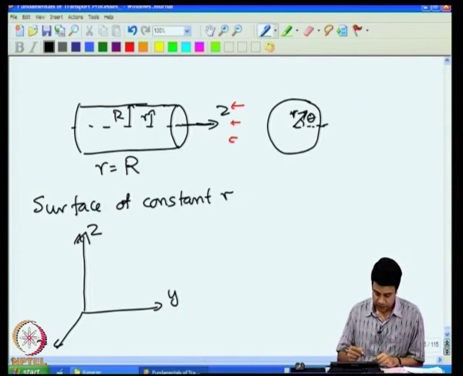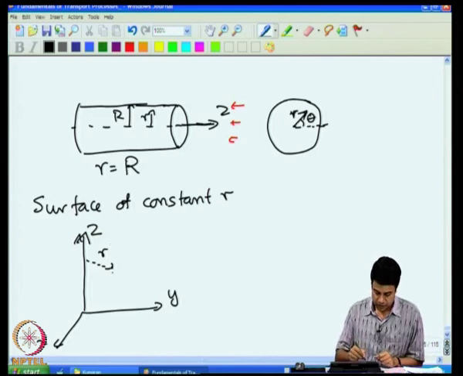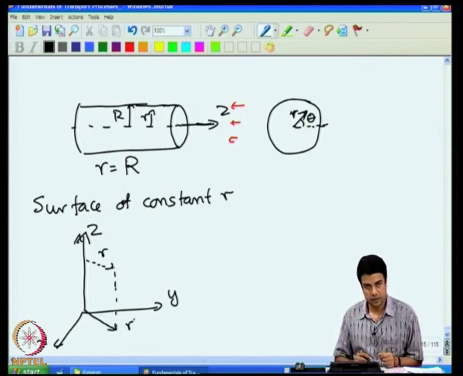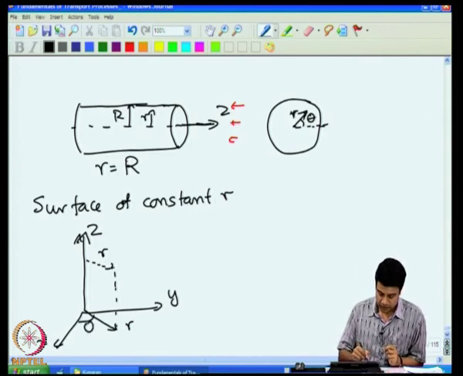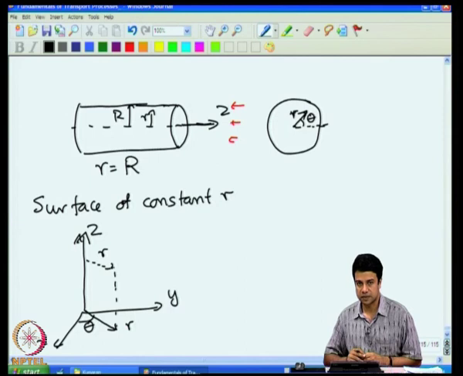Along the xy plane, the distance of a point from the z coordinate is given by r. If I take the projection of this onto the xy plane, this distance from the z axis is r, and conventionally you define theta as the angle that the r vector makes with respect to the x axis.